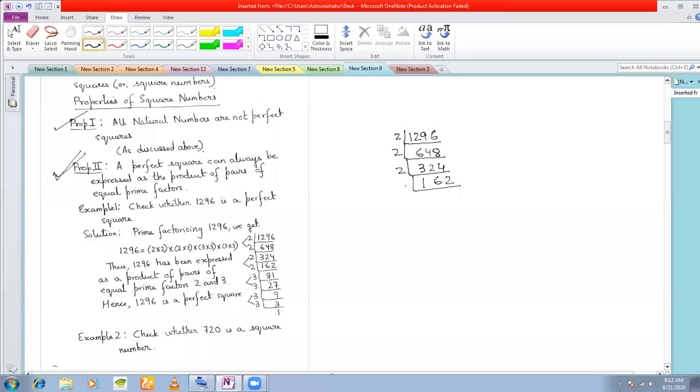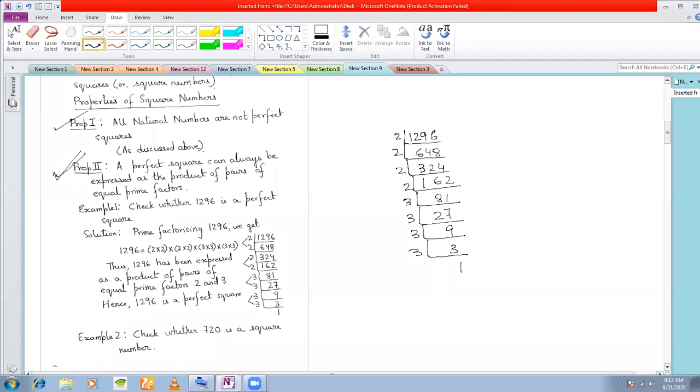You prime factorize 1296. Now, once you're through with your prime factorization, why is it called prime factorization?